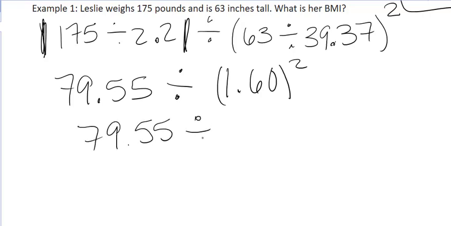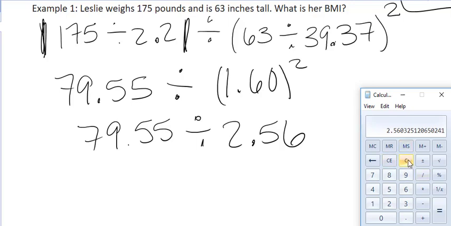So let us write then, we have 79.55 divided by 2.56. And then we can now do our last step to give us our final answer. So 79.55 divided by 2.56 gives us an answer of 31.07.